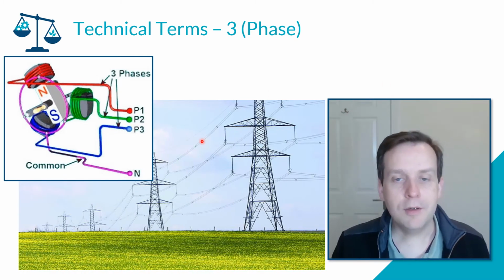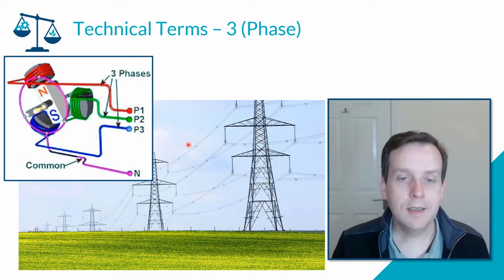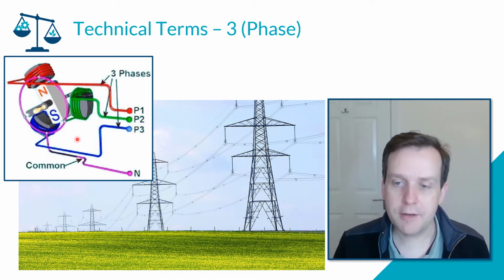So when you look at a pylon, one side of the pylon has what we call one circuit, the other side the second circuit, but each of these wires is physically a separate connection all the way back to the generator.